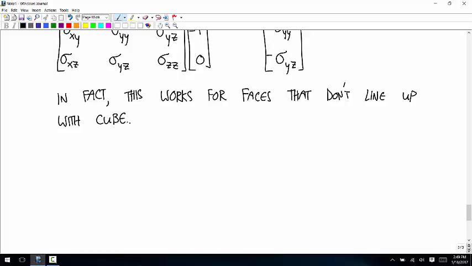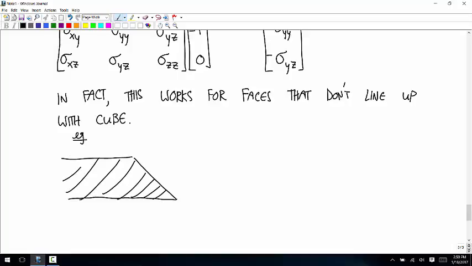So like, if you have a material like this, and you're trying to figure out what you know about the tractions on the face, let's say this is 45 degrees, you can use an outward-facing normal vector like that.